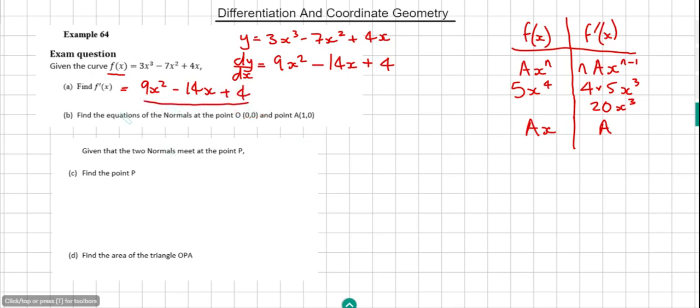What we're next being asked to do is find equations of the normals at 2 points on the curve. I'm just going to draw a quick sketch of the curve, so we can get a bit more information.